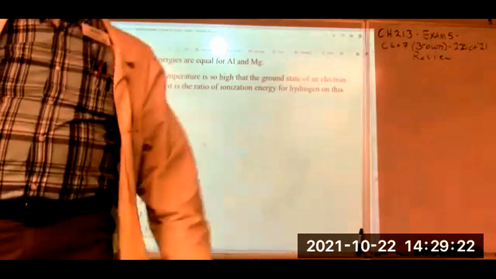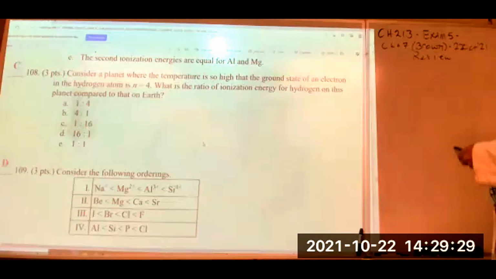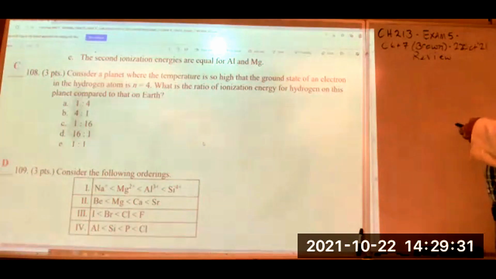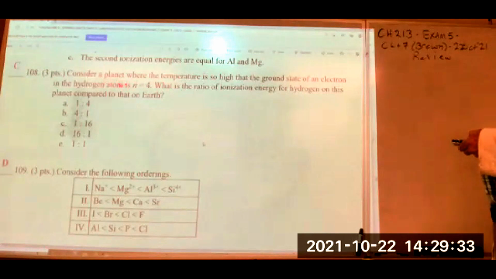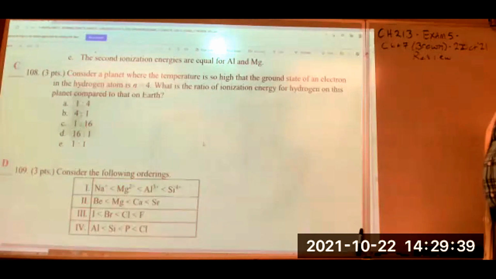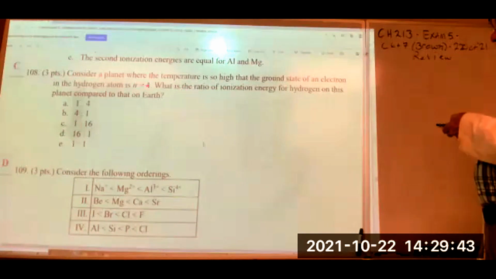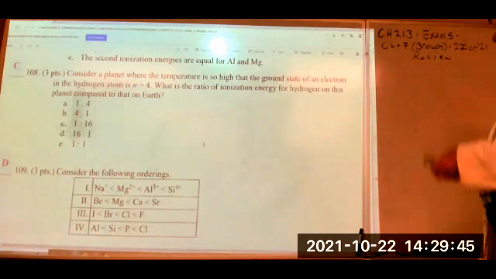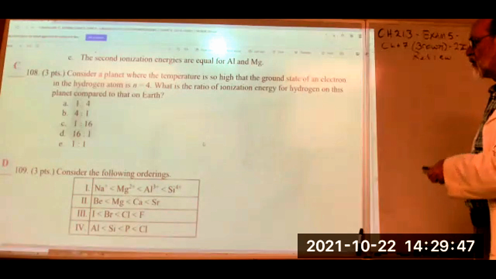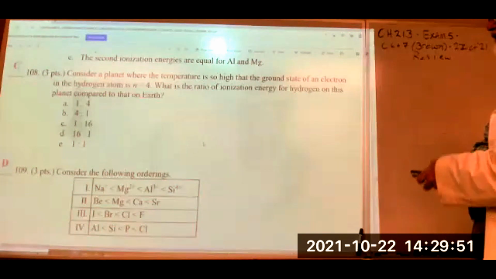Okay, suppose we have a planet that's a lot hotter than the Earth, maybe like Venus. And hydrogen's ground state is actually where that electron is in n = 4. So it's really hot, and there's enough energy there to keep that electron in n = 4. What's the ratio of ionization energy for hydrogen on the planet compared to that of Earth?